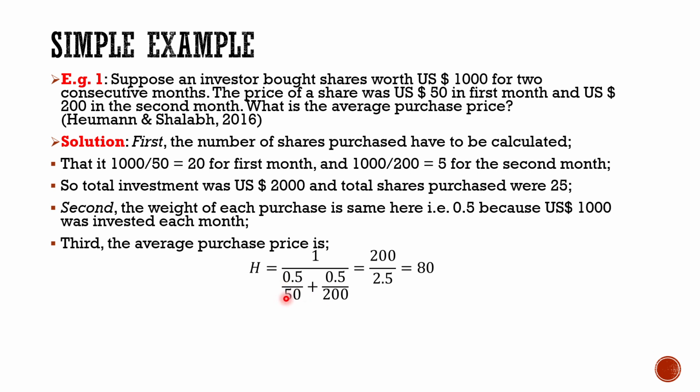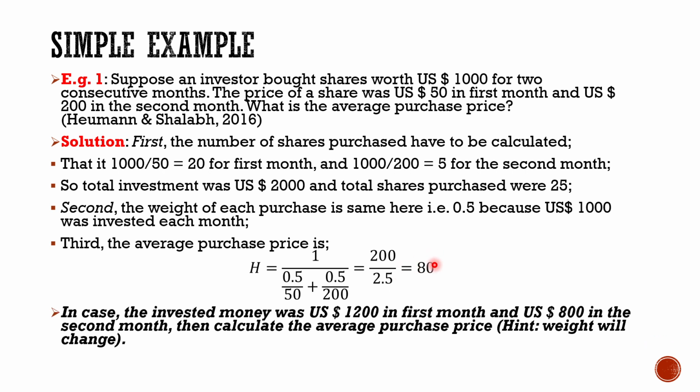Here x1 is the purchase price in the first month, and x2 is the purchase price in the second month. And when you calculate this, you actually get 200 upon 2.5, that is 80.